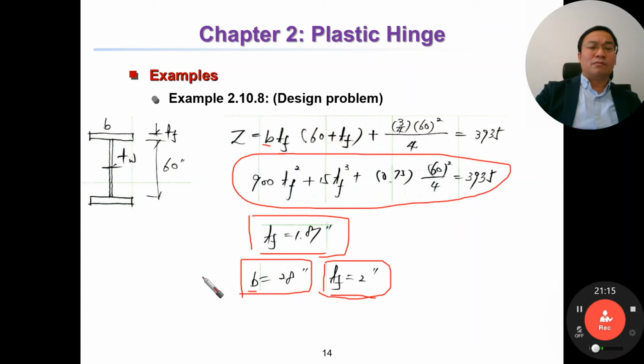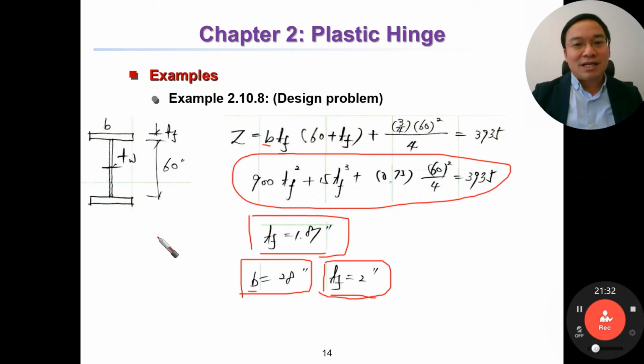You can assume different values. Different assumed ratios give different solutions for the dimensions of the flange. You can assume, but that assumption depends on your experience.